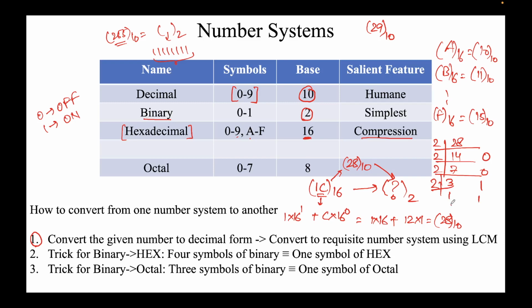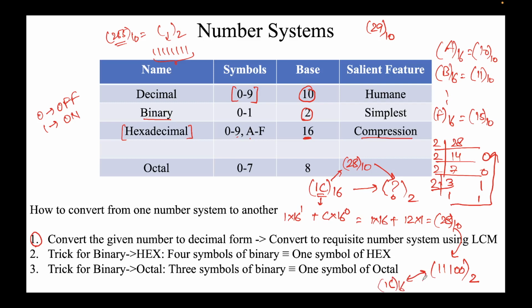The way to write the binary is from bottom to top, so the binary number would be 11100. This is how we have converted 1C, which was in hexadecimal, to binary using an intermediary decimal number, which came out to be 28.